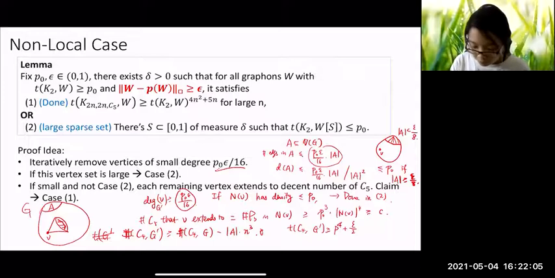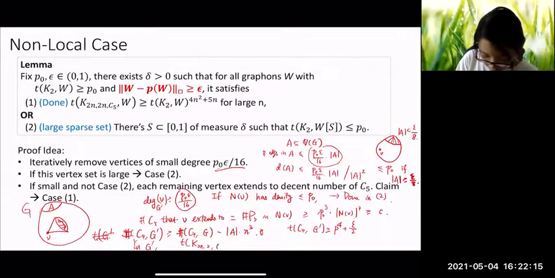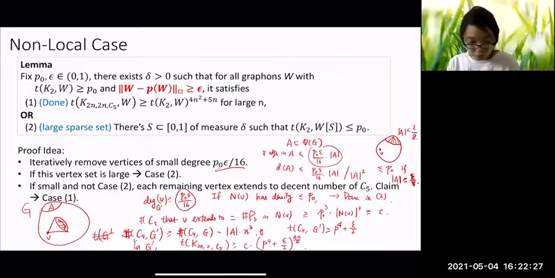And therefore, in G prime, if we count K2,2 together with C5, it's at least C times this value. This is because each vertex already extends to at least a C fraction of C5. So this C is pretty safe here.